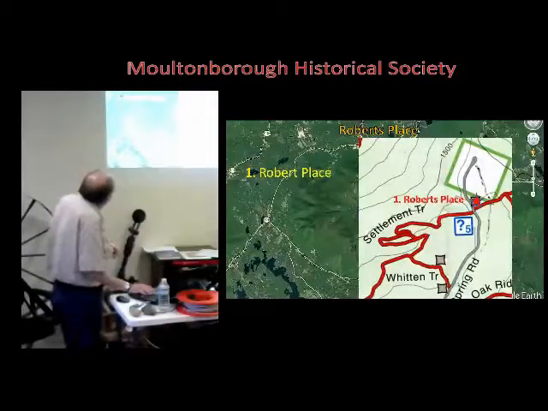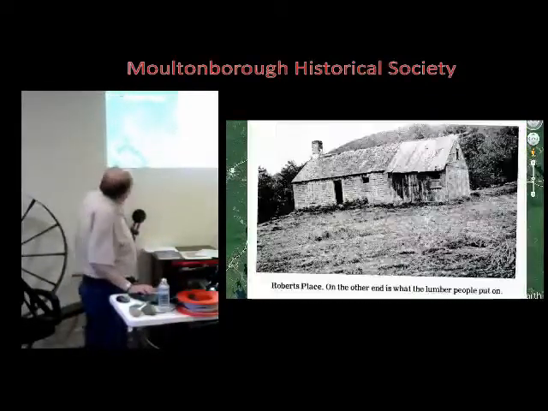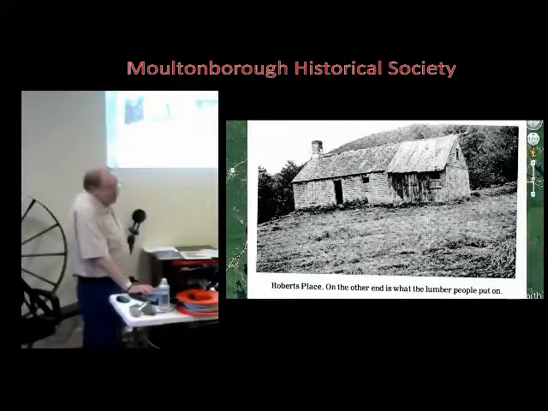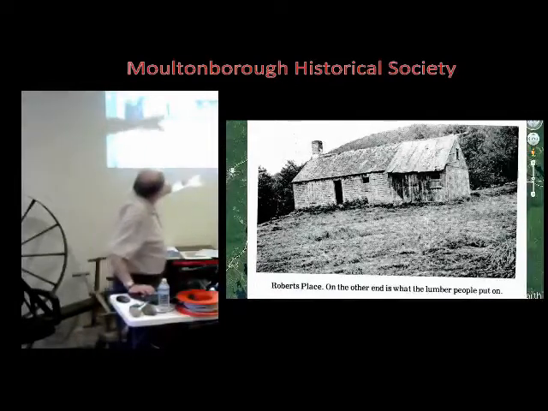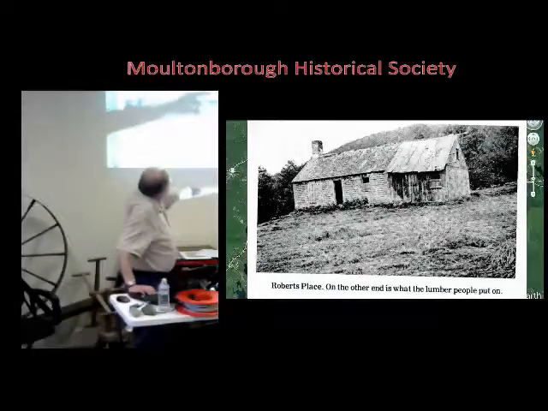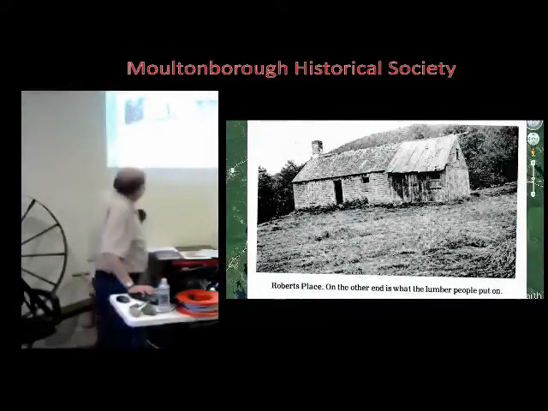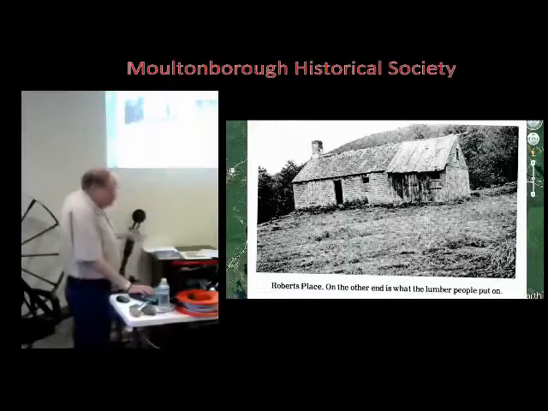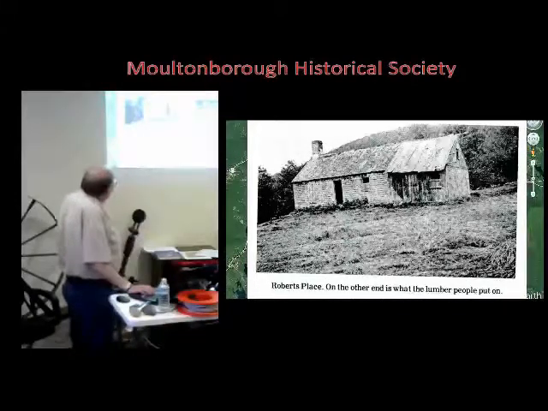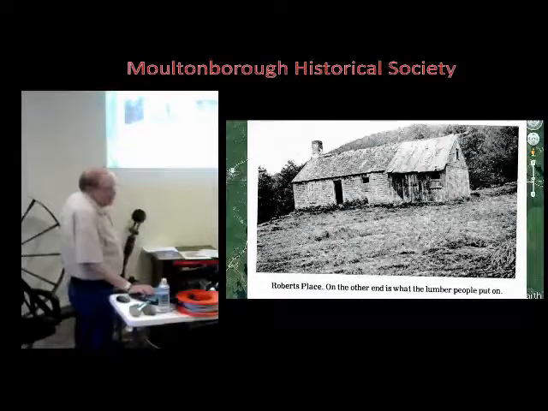First place, Roberts, and that's way up near the spring. This is where the last picture of it, and it says in the book, this area here was put on by the people who were logging the area, so it wasn't actually part of the Roberts place. Most of the houses up there were very small and held 10 or 12 people.